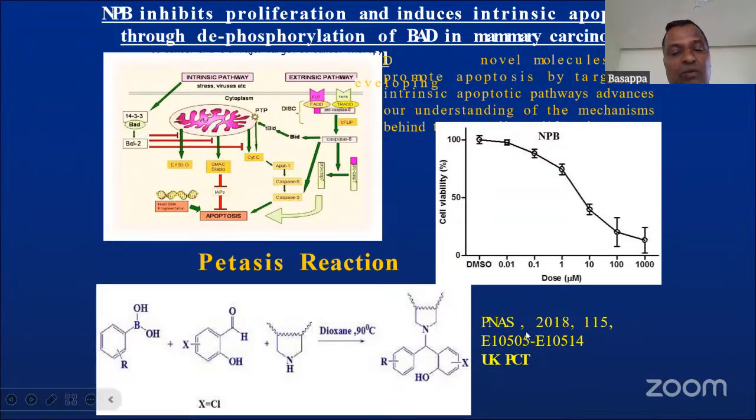This slide will give you how NPB is generated by the Petasis reaction, taking various boronic acids, a library of salicylic acid, and a secondary amine as the nucleophile.